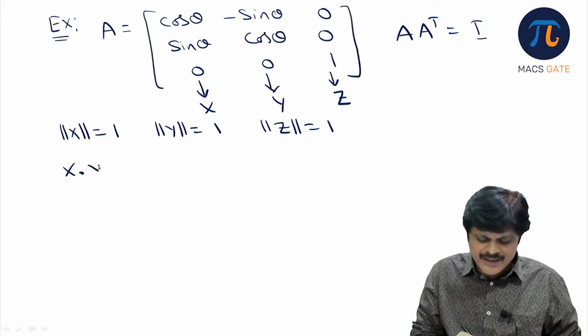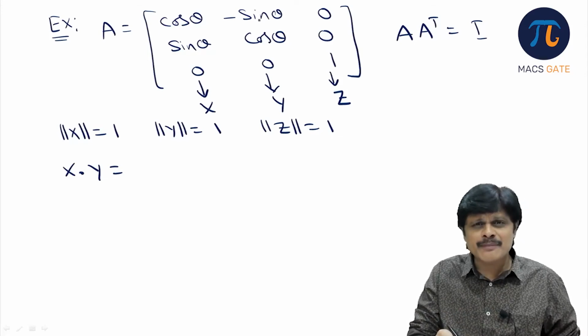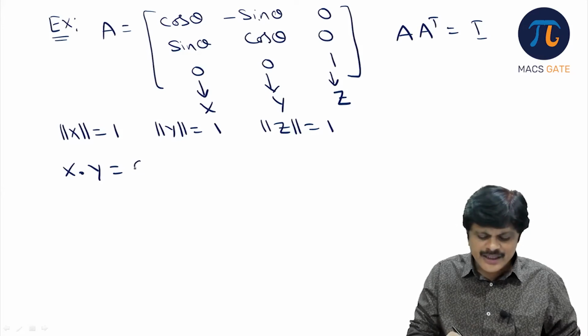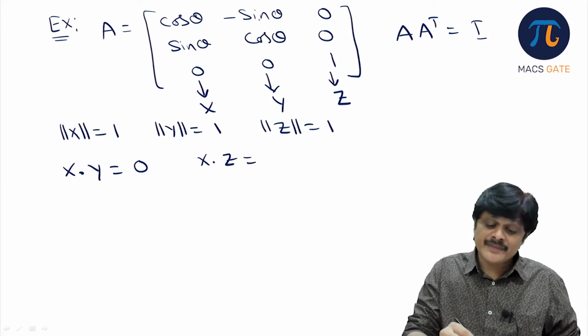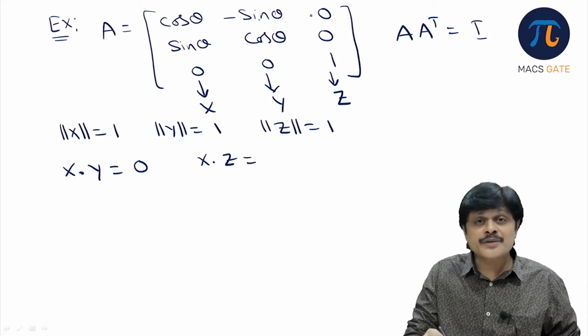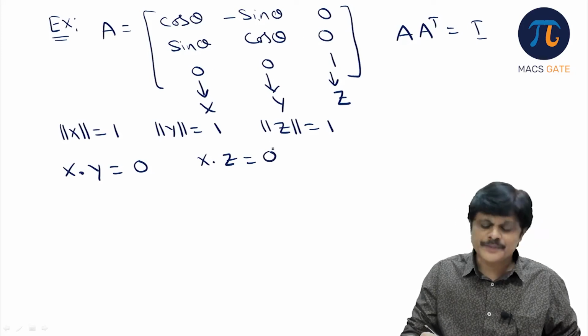So you take x dot y. You don't have to write separately. Directly you see cos theta into minus sin theta, that is minus sin theta cos theta plus sin theta cos theta. It is 0. Now take x dot z. Cos theta into 0, sin theta into 0, 0 into 1, 0.